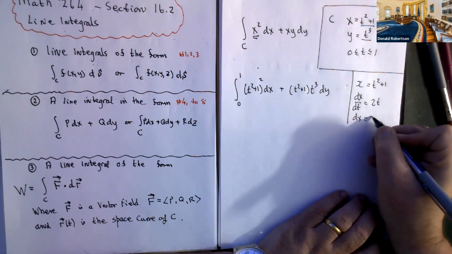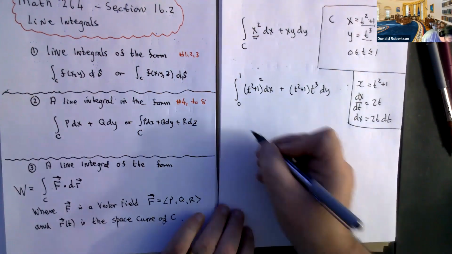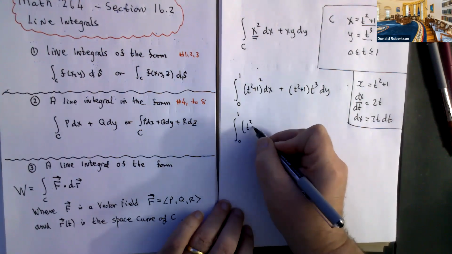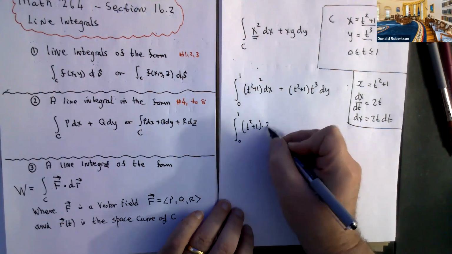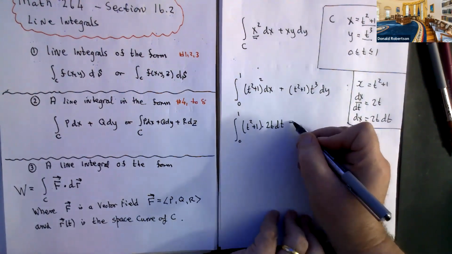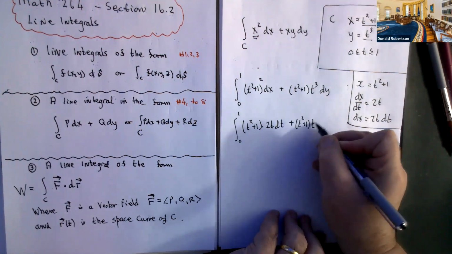Do what I call the crossover, and now you know who he is. So it becomes the integral from 0 to 1 of t squared plus 1, squared, times 2t dt, plus t squared plus 1 times t cubed.